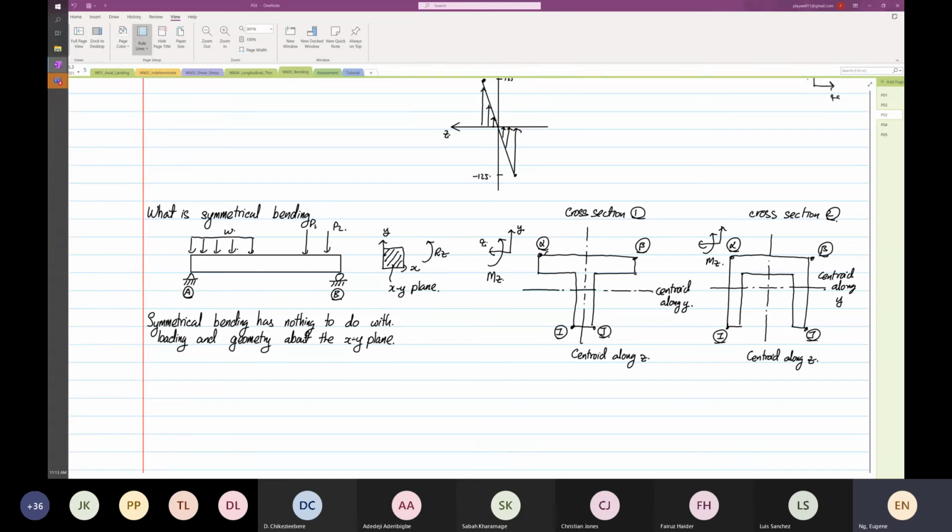The rules, whether symmetrical or unsymmetrical, are dependent on the stress field.